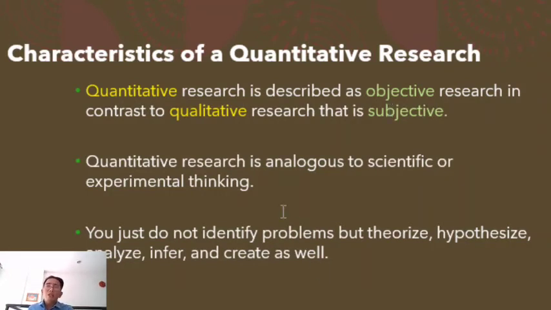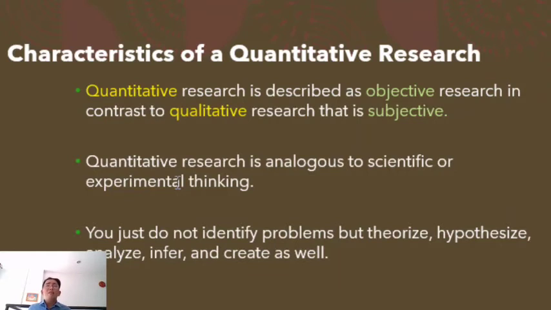Quantitative research is analogous to scientific or experimental thinking. Analogous, okay? So basically, it is comparable, okay? Characterized by objectiveness, in which only the real or factual, not the emotional or cognitive existence of the object matters greatly to the researcher, okay?